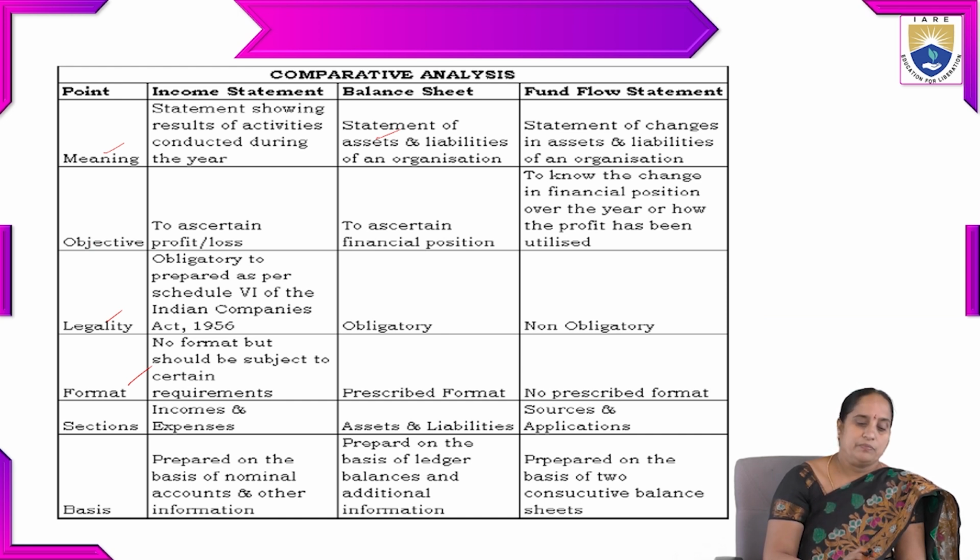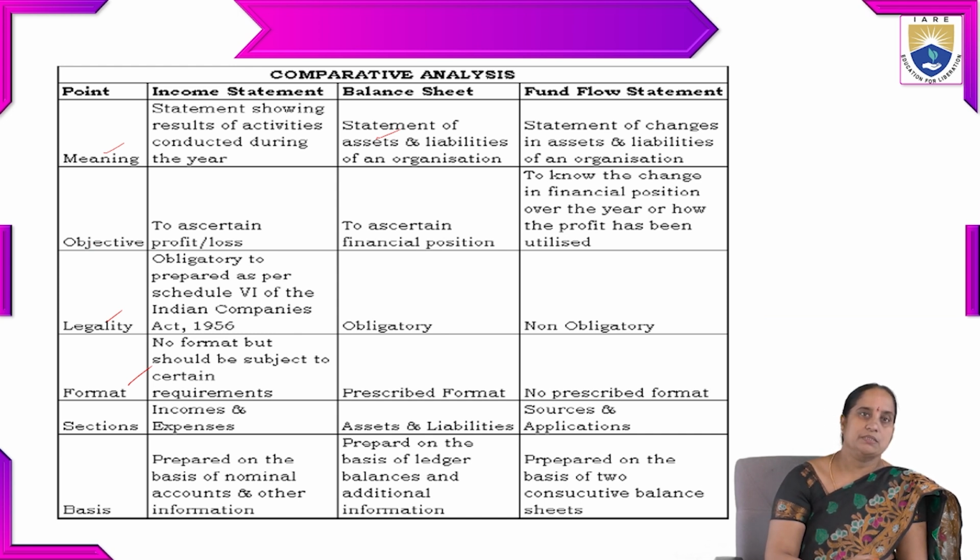format. Then next, coming to the sections, the income statement will have only two sections: one is income, another one is expense. Whereas in the case of the balance sheet, again, assets and liabilities, and the funds flow statement has sources and applications.